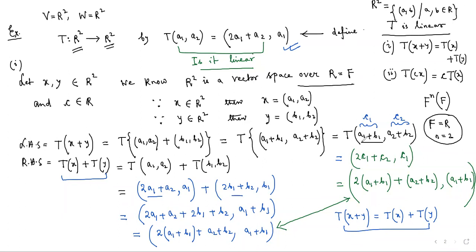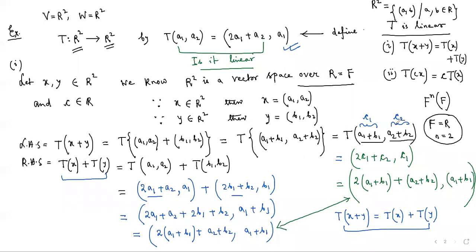Now just look at A1 plus B1 and A2 plus B2. These are numbers. A1, B1, A2, B2 are real numbers. A1 plus B1 is also a number, and A2 plus B2 is also a number. Now we can rename A1 plus B1 as C1 virtually in our mind, and A2 plus B2 as C2.